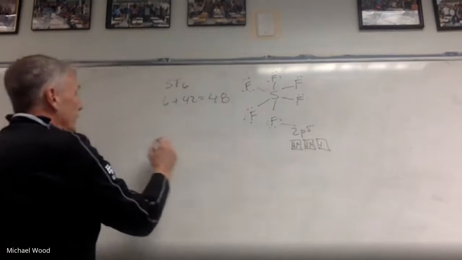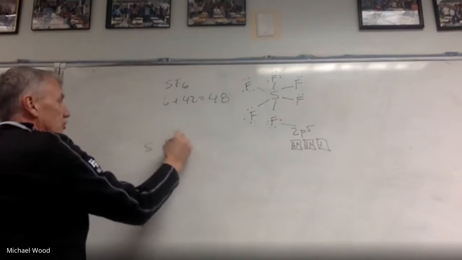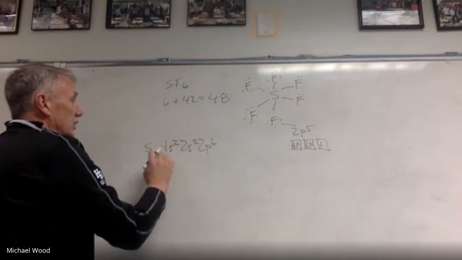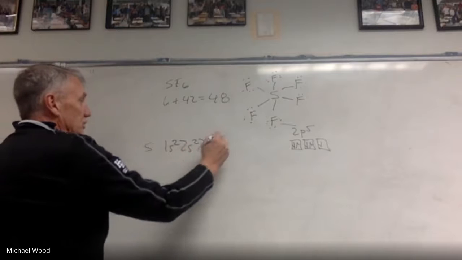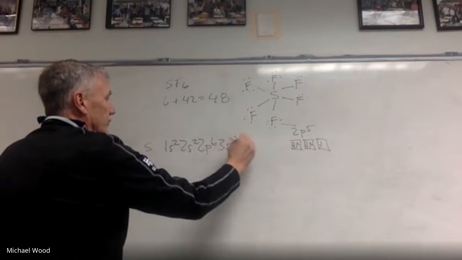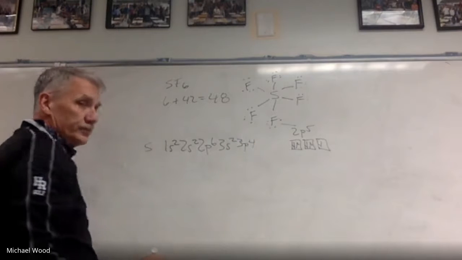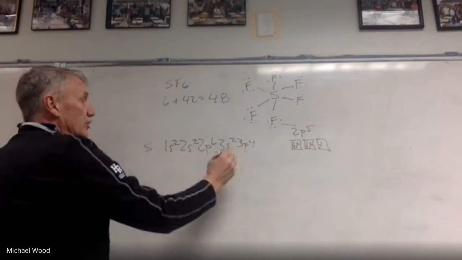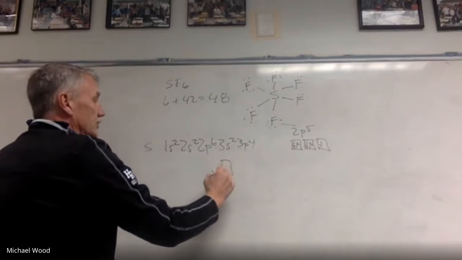Well, sulfur. So sulfur is 1s2, 2s2, 2p6, 3s2, 3p4. So again, I'm going back to electron configurations. If I look at just the outermost level, here's the 3s.